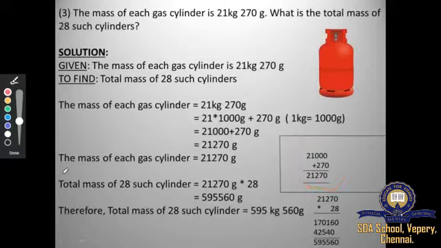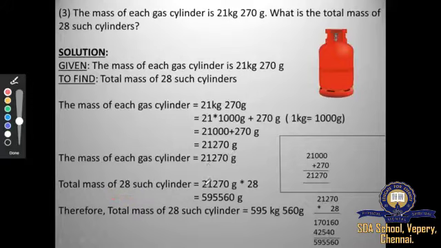So, we have now found the mass of each gas cylinder is equal to 21,270 gram. But they have asked us to find the total mass of 28 such cylinders. We have found it for one cylinder. Now we have to find for 28 such cylinders.